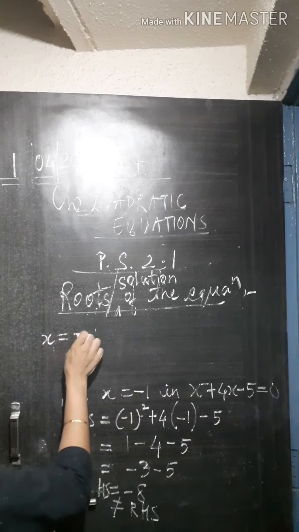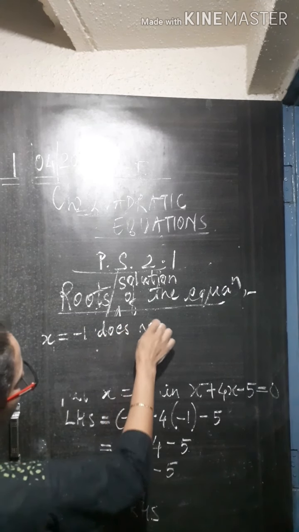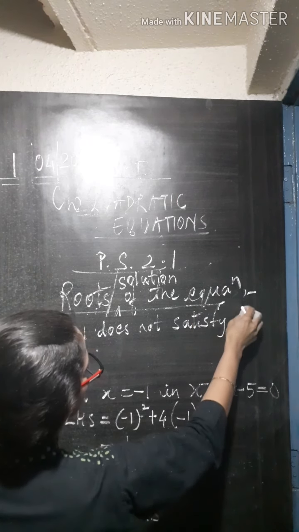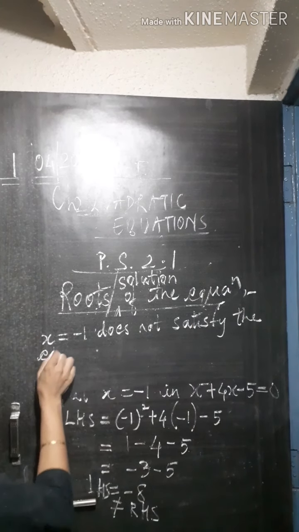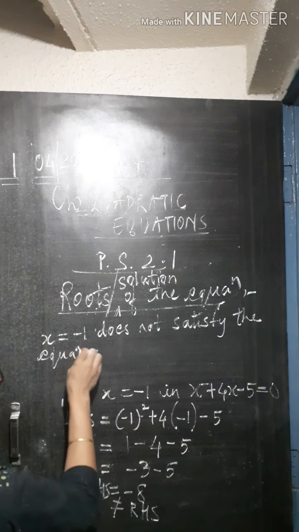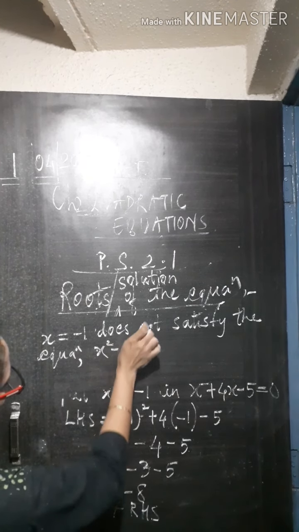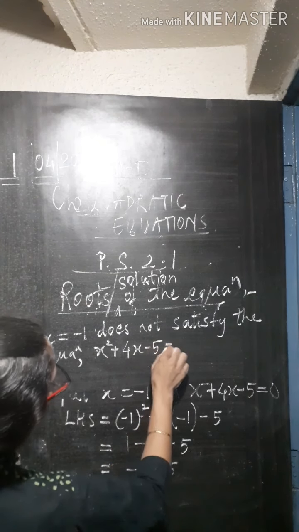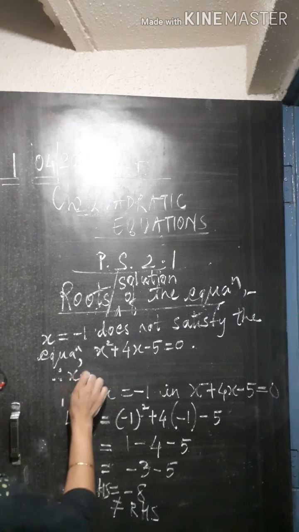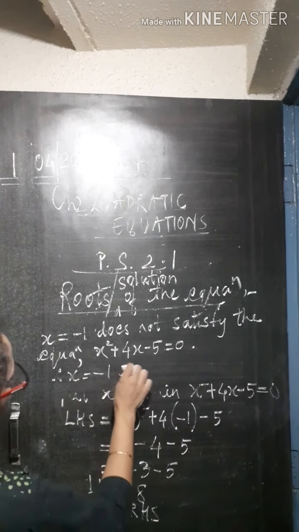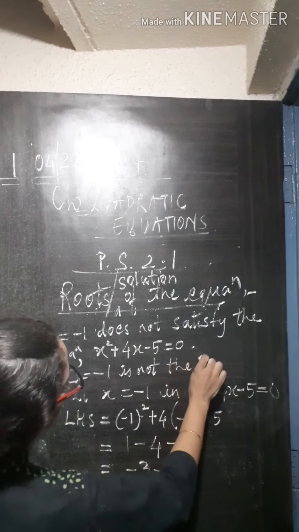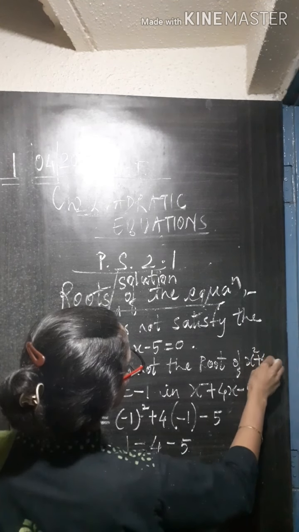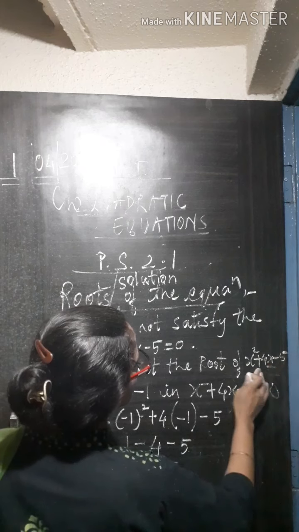We say x equal to minus 1 does not satisfy the equation x square plus 4x minus 5 equal to 0, and therefore x equal to minus 1 is not the root of the equation x square plus 4x minus 5 equal to 0.